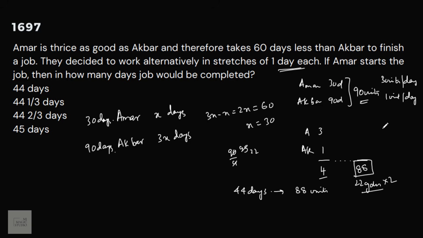Now, Amar will come and produce the remaining 2 units in 2/3 of a day, isn't it? Amar is producing 3 units in a day, now only 2 units are left. So total time required would be 44 2 by 3 days to complete the work. That features in option C. Option C is the answer.